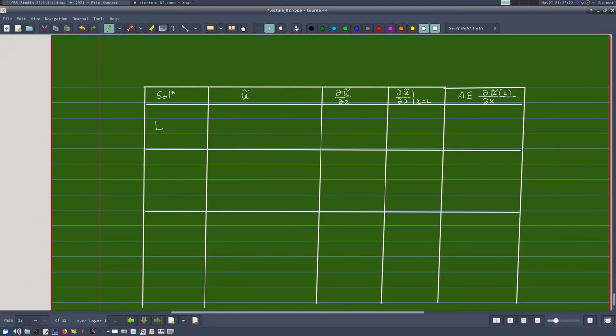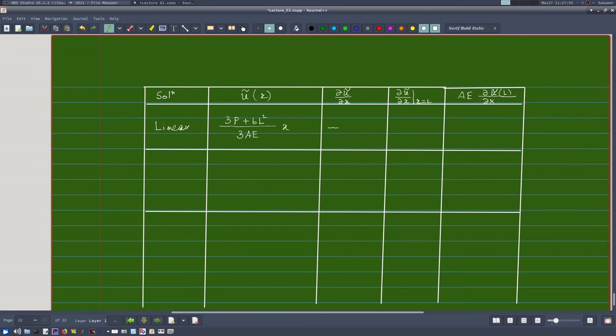So linear, my u at x final solution is thrice p plus bl square by thrice ae into x.